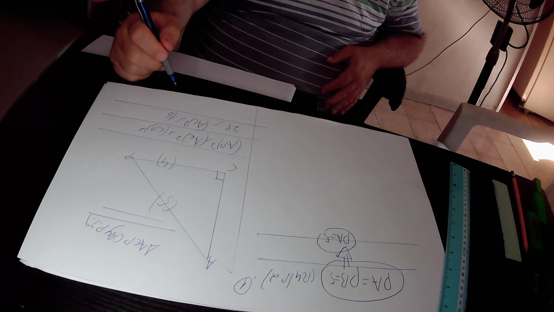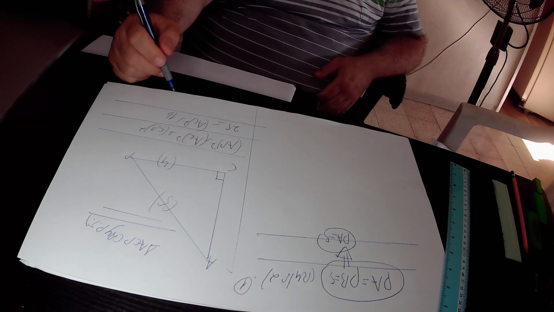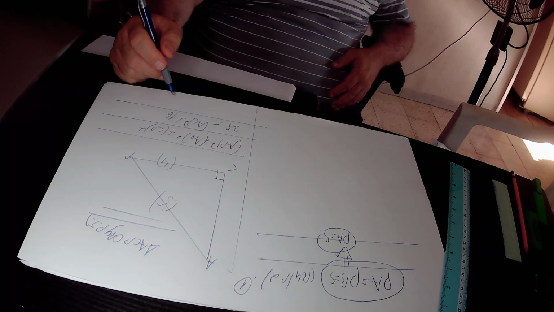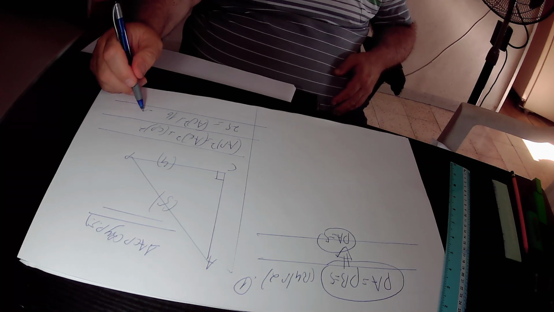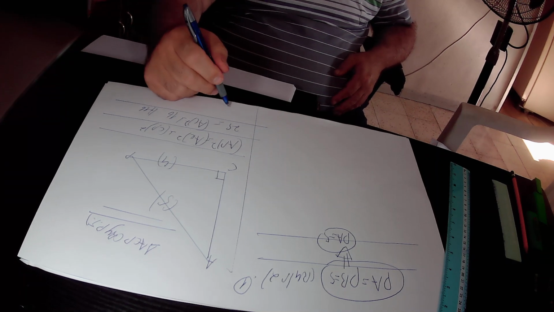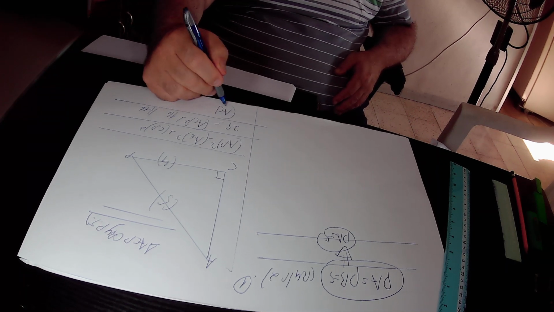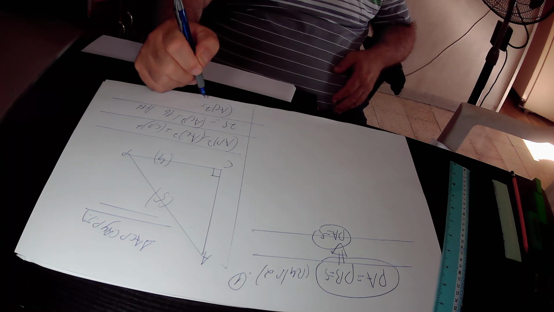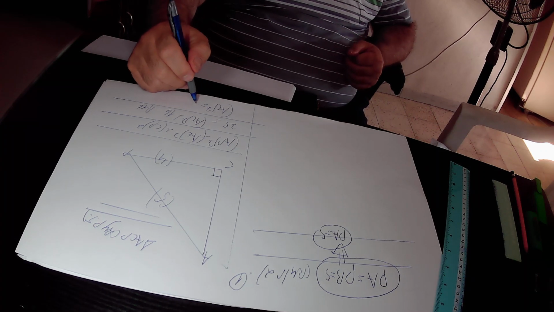So in total we find that 25 equals AC squared plus 16. Here we subtract 16 from both sides, and we get that AC squared equals 25 minus 16, which is 9.